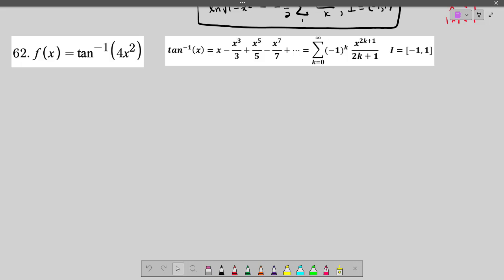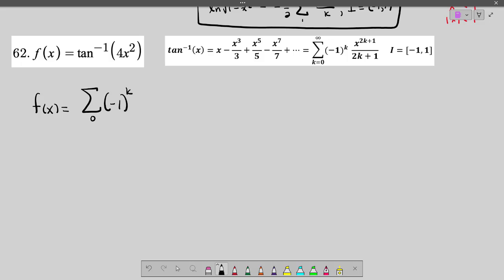All right, so there's arctan. So this is the simplest of them all. If we want the power series for this, we're going to replace this x with 4x squared. So we come over to the power series, starting at 0, -1 to the k.